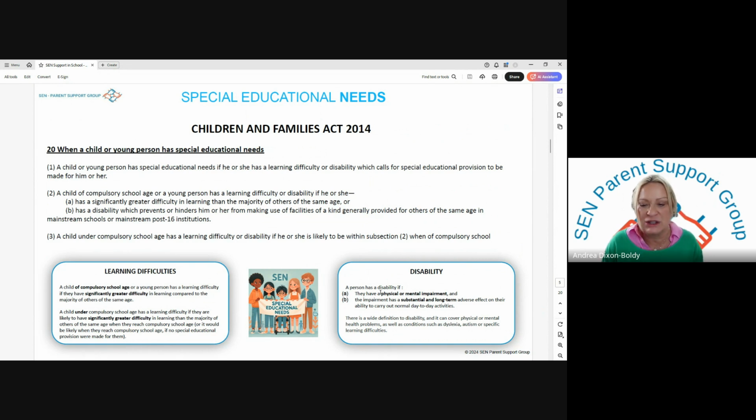There is a wide definition of disability and it can cover physical or mental health problems, as well as conditions such as dyslexia, autism, or any specific learning difficulties. But ultimately, if the child has a learning barrier and that prevents them, say, due to anxiety, accessing education, and that is substantial and over a long period of time, then that definition is a disability.